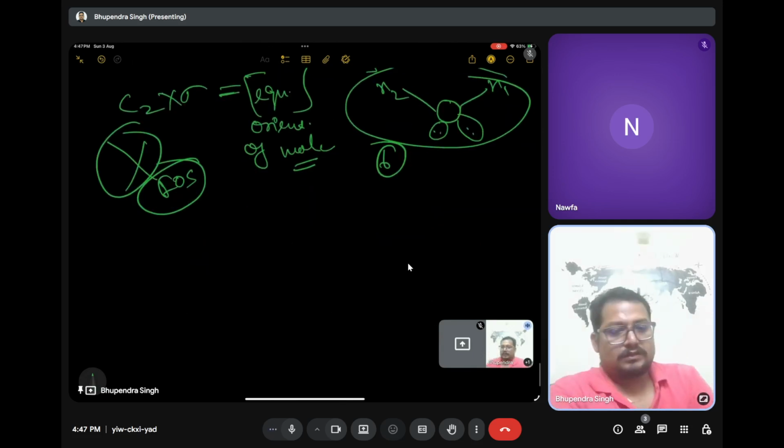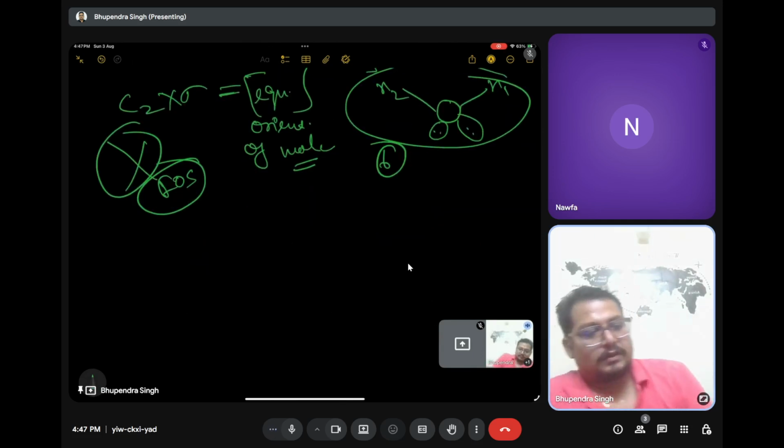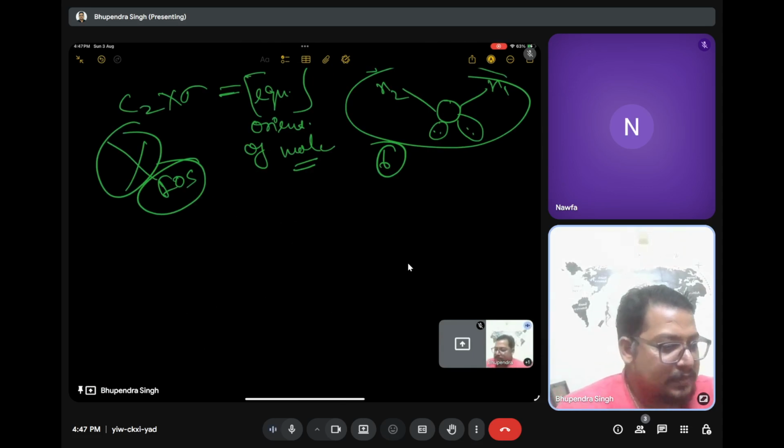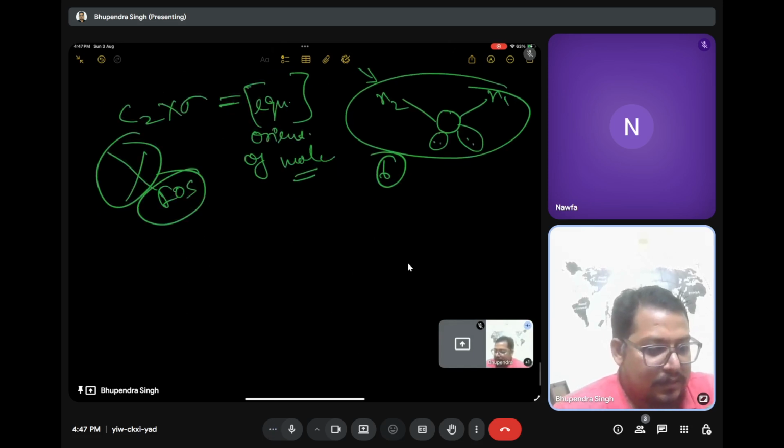Okay, now we have read about the axis of symmetry, this symmetry element. Let's take some examples.